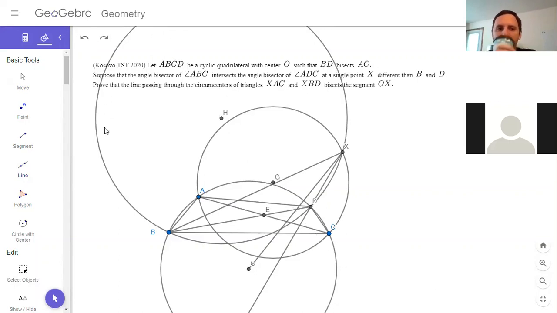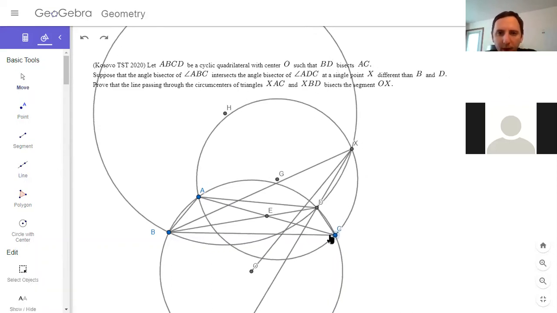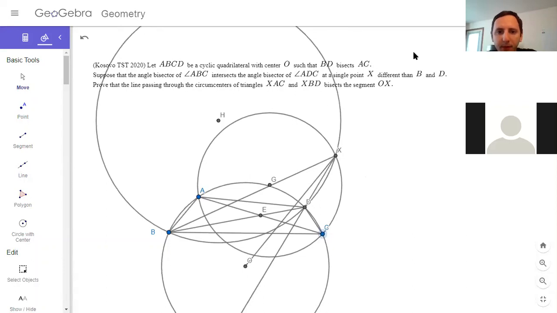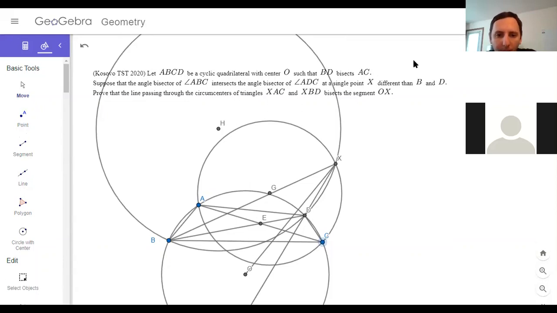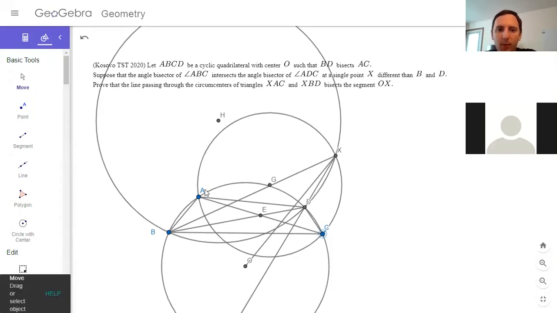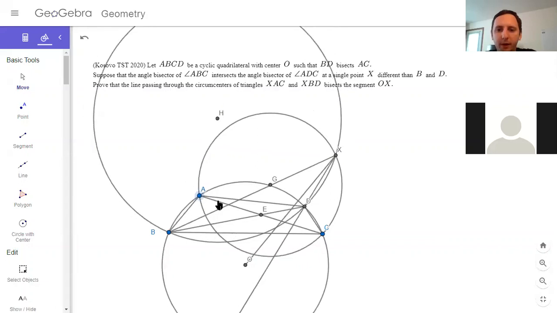Not sure if that's useful. Is this just some spiral similarity result? Maybe. Do you see a way to apply that? Or it might just be an idea that you have.